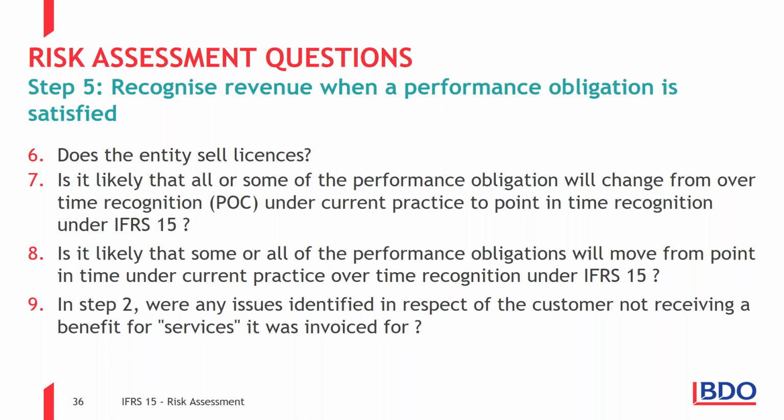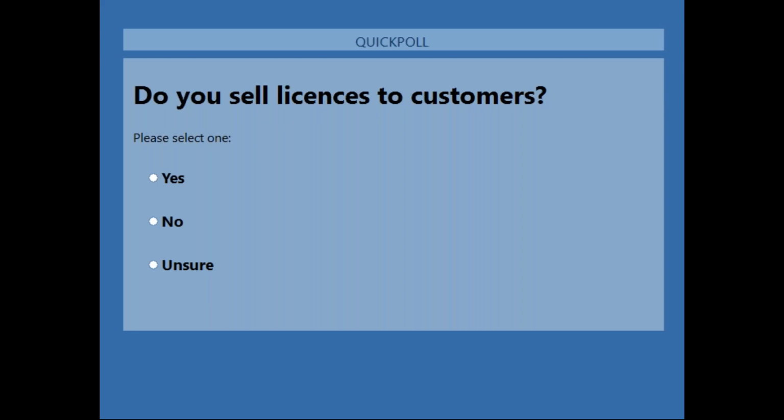So connection fees, etc. Now at this stage, I thought I'll throw out our last polling question for today. I'll just say, do you sell licenses to customers? If you say yes, you would have to pay very careful consideration to IFRS 15, particularly steps 2 and 5.